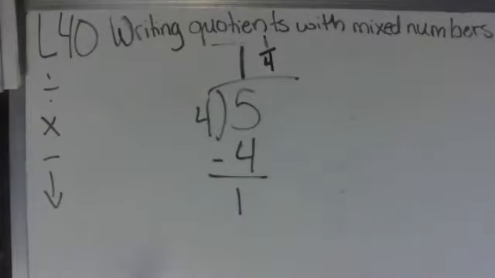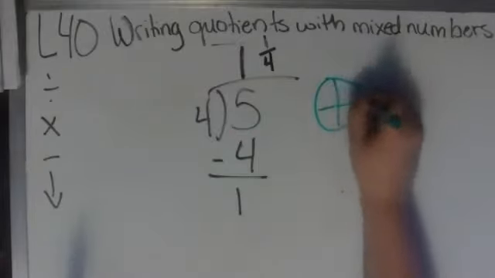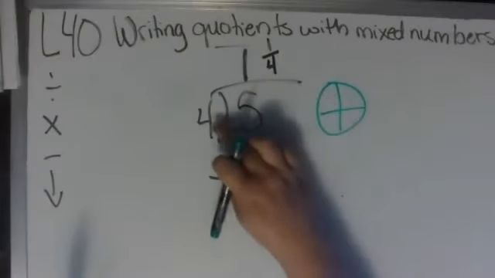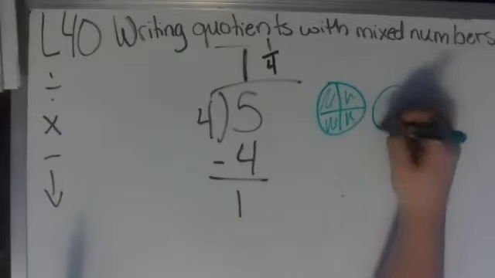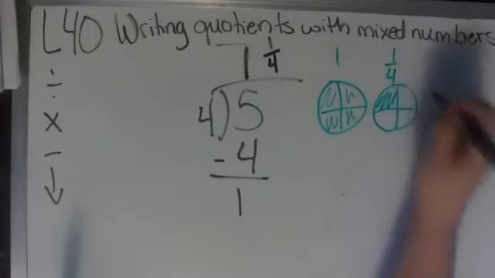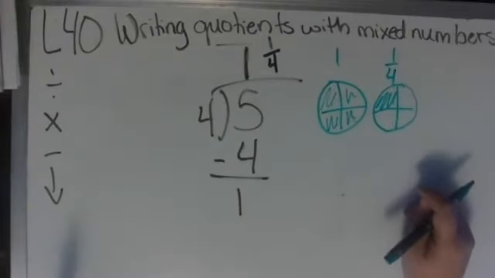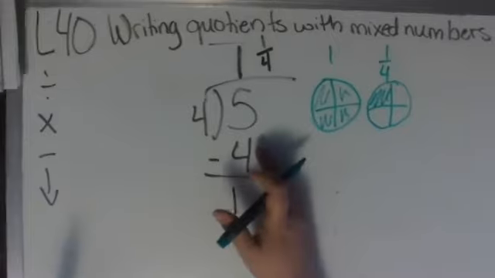Okay, and again, if I were to have drawn that with fractions, I would have needed 5 pieces of 4s. So 1, 2, 3, 4, 5. 1 1/4. Okay, same thing. So this is how you write quotients as mixed numbers.